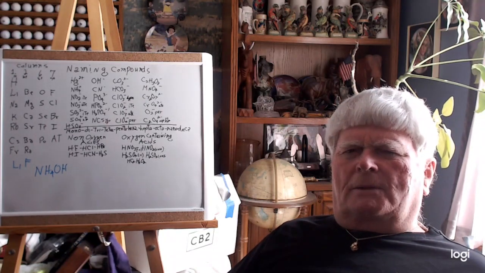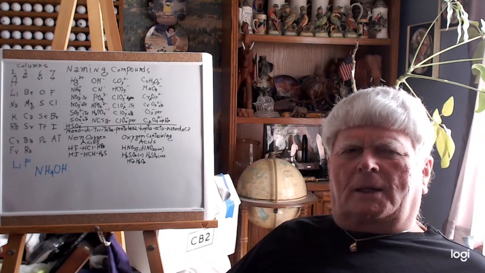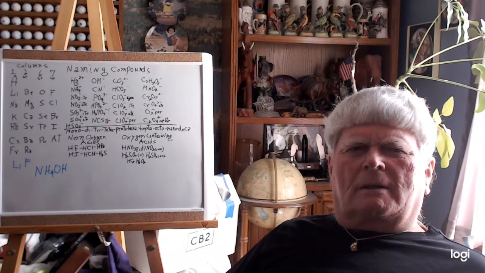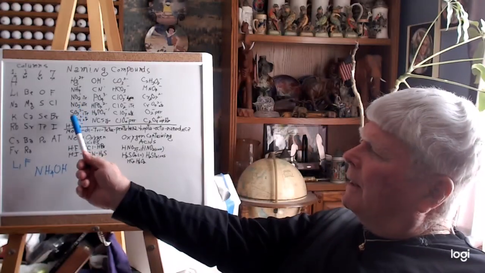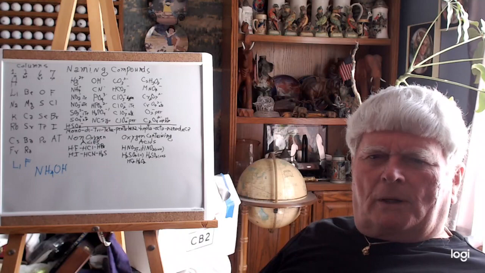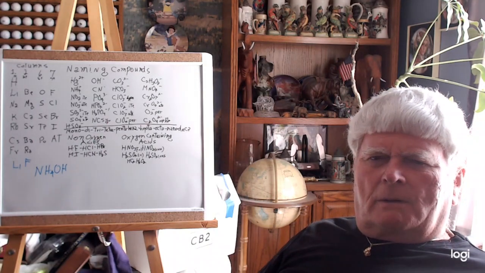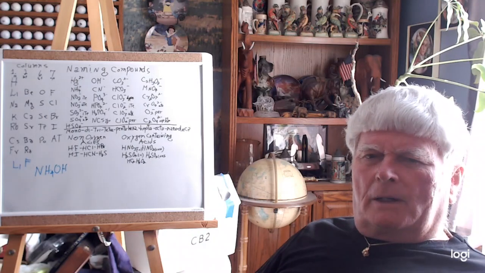It's more commonly just called the sulfate ion, which exhibits a 2- charge and is illustrated in the first column here as SO4, sulfate 2-. You put it together with 2 hydrogens, you have dihydrogen sulfate, or H2SO4.